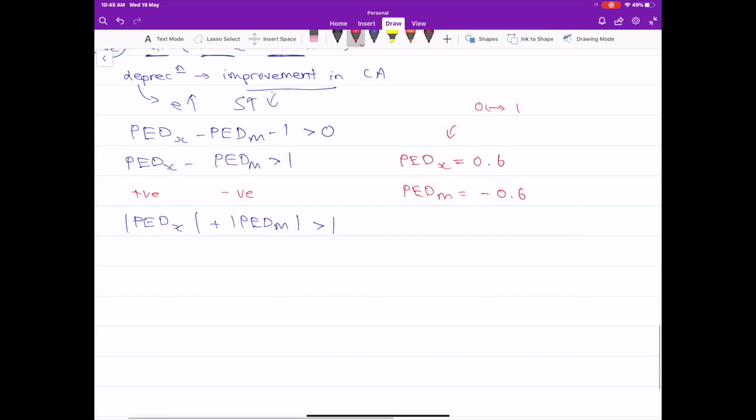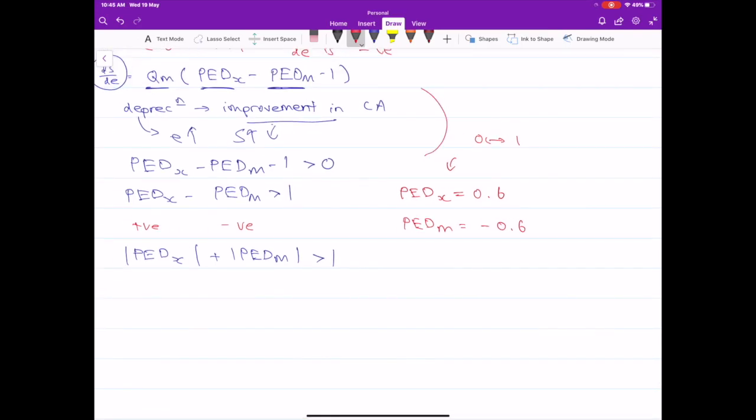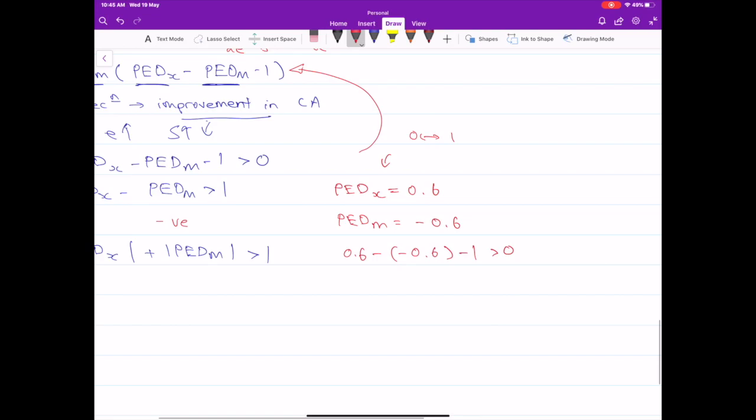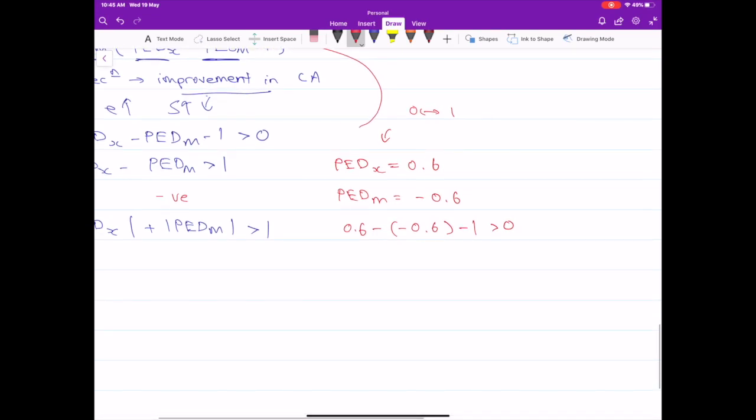Now we can substitute this into this term, and you can see that 0.6 minus negative 0.6 minus 1 is more than 0, which is why dS/dE will become positive, which is what we want to achieve. So we can see that when the absolute value, which is 0.6, and the absolute value of this, which is 0.6, sum to more than 1, we get what we want, which is the Marshall-Lerner condition.